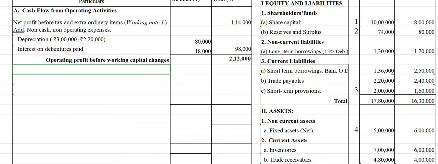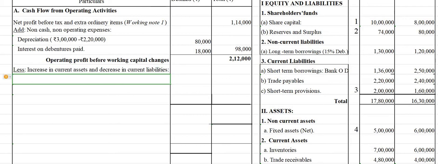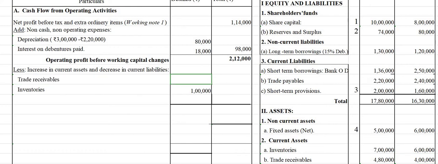So nothing is there to add, but we have things to deduct. That means increase in current assets and decrease in current liabilities are to be deducted. Inventory went from 6 lakh to 7 lakh, so we write inventory increase 1 lakh. Next, trade receivables increased by 80,000, so let us write that also.